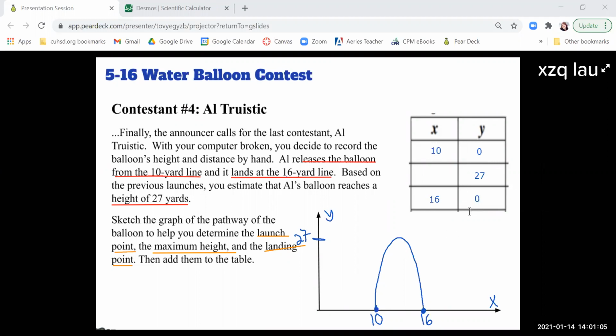So these 2 points, 10 and 16, represent the x-coordinates of our x-intercepts: (10, 0) and (16, 0). There we go. And then our middle point, our highest point, our vertex, because of the nature of a parabola being symmetrical, is going to have to be exactly halfway. So what we have here is an ordered pair.